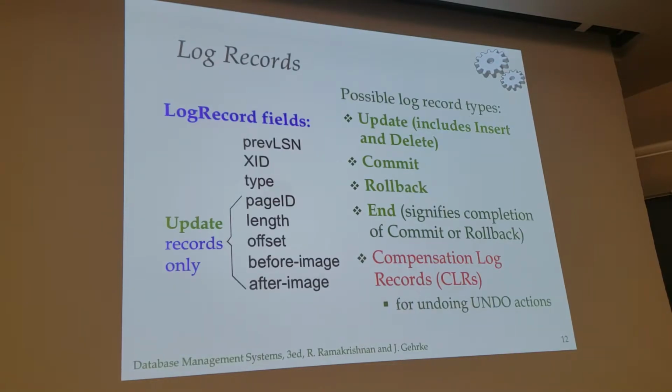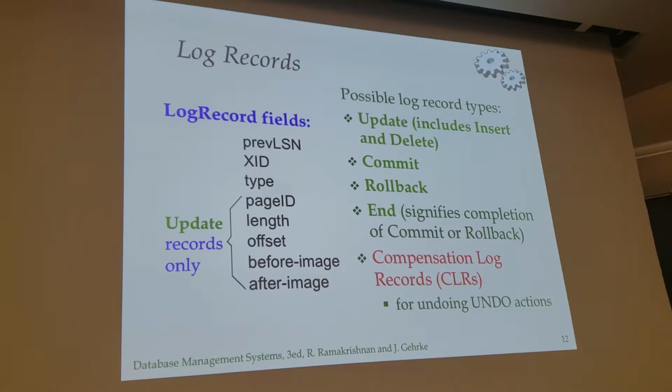A log record, as we talked about last time, basically consists of a bunch of different fields, and there are some special different types of log records that we started going over and we'll spend more time on. The log records form a linked list with all the log records for a particular transaction, so that if you undo that transaction, you can follow that linked list to find all the things you have to undo on behalf of that transaction.